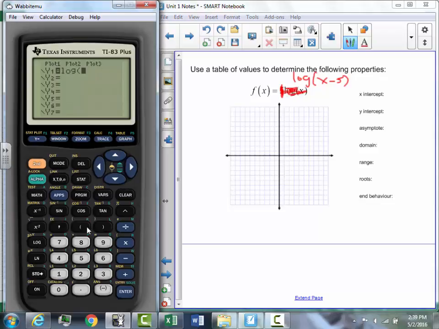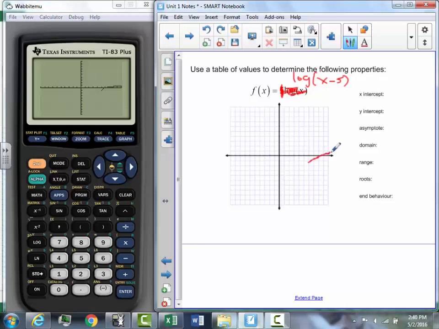So go log, open the bracket, x, then minus 5, then you can close the brackets. You need a graph that looks like mine, where there's a little piece of line sitting over here. Anybody get that one?